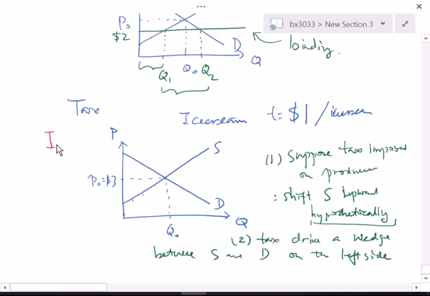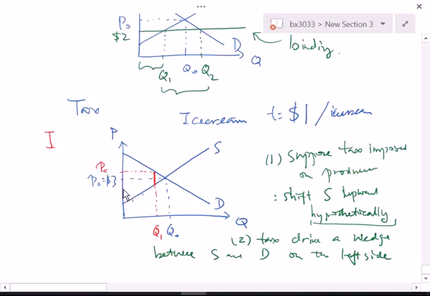This $1 drives a wedge between supply and demand on the left. Which means that the equilibrium quantity is this many. Consumers pay a price of this many.